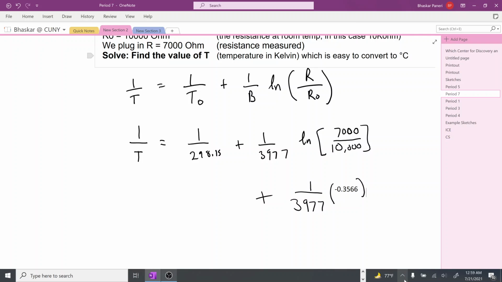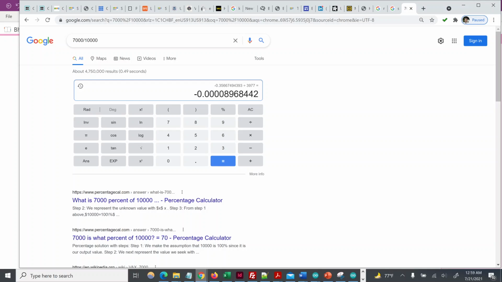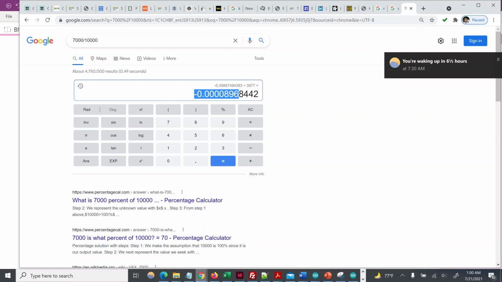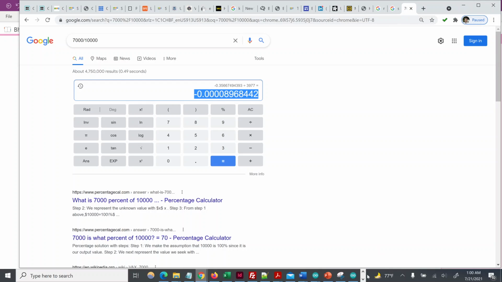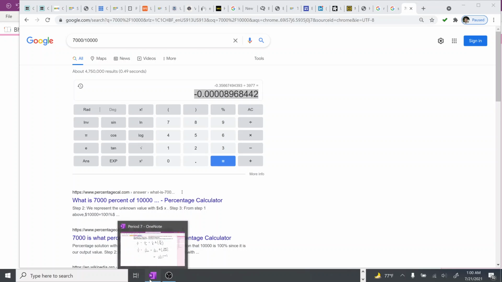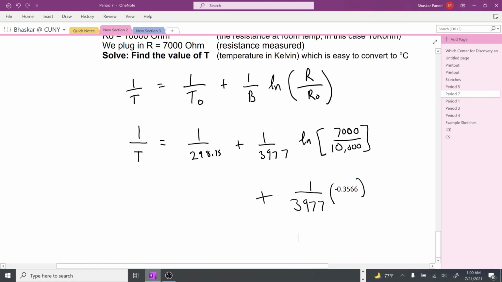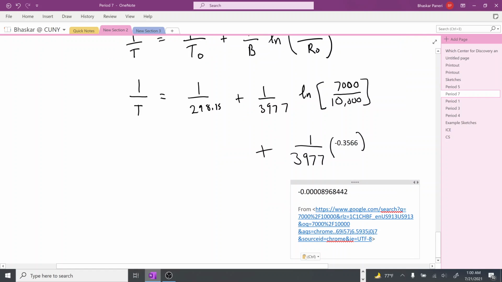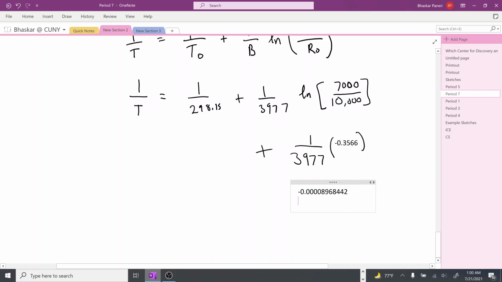That is a very tiny number. Let's take it and let's copy it over, and let's paste it in here.